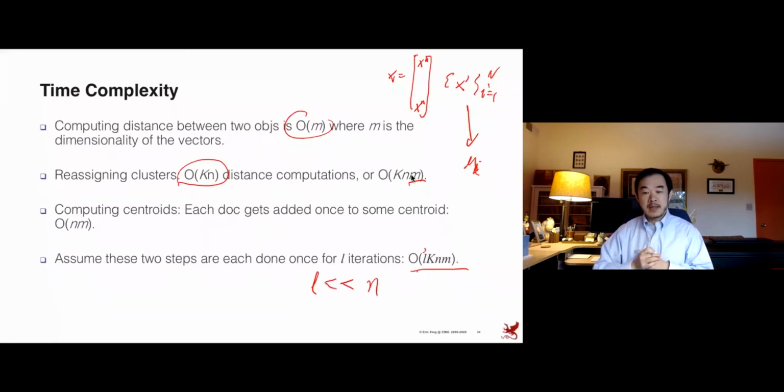For example, if you have n of a million examples, you don't want to run the iteration a million times, right? You probably run it 100 times. Okay, that's a big win because you have 100 over 1m, and that makes this particular term way smaller than an n squared algorithm.